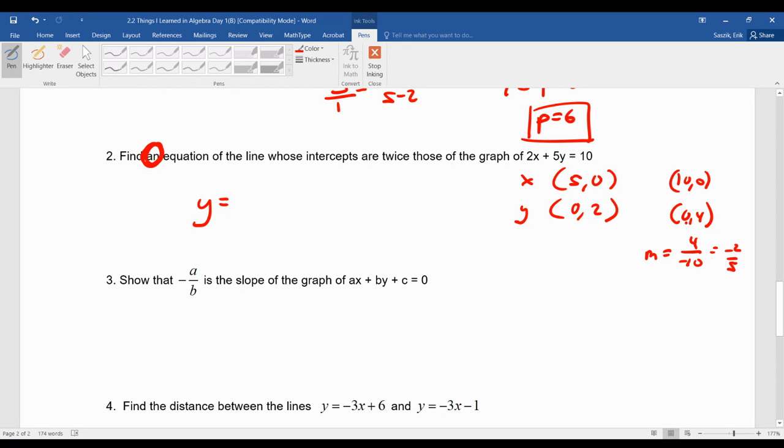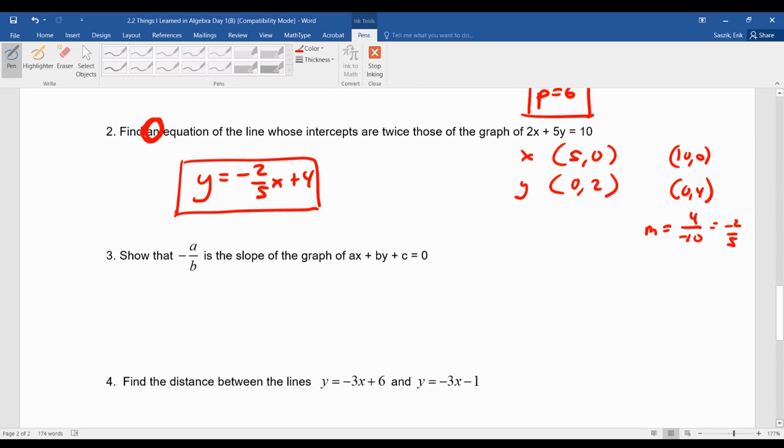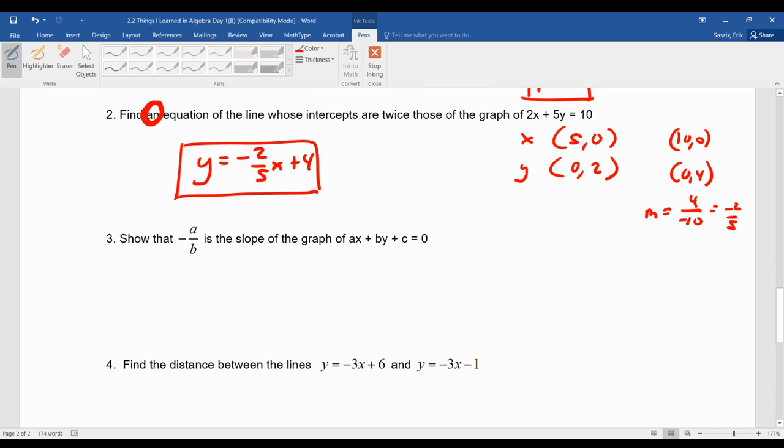So if you know the y-intercept, in this case it's 4, you want to use slope-intercept form. So our equation will be y equals negative 2/5 x plus 4. If you didn't know the y-intercept, then using point-slope form is typically easier. But if you know the y-intercept, go ahead and use slope-intercept form.